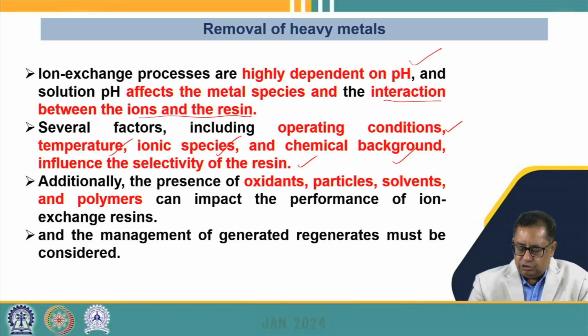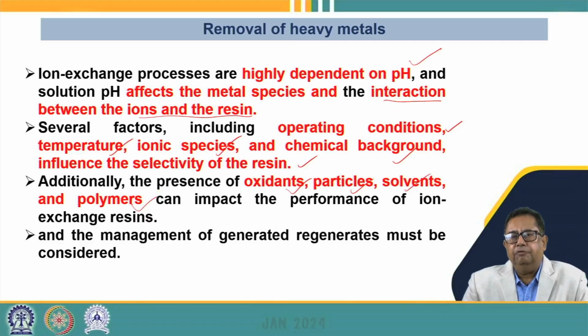Additionally, the presence of oxidants, particles, solvents, and polymers can also impact the performance of the ion exchange resin. So it is very important that we go for pre-treatment of the wastewater which we are putting onto the ion exchange column, because these species, if present, can degrade the resins used for our ion exchange process.